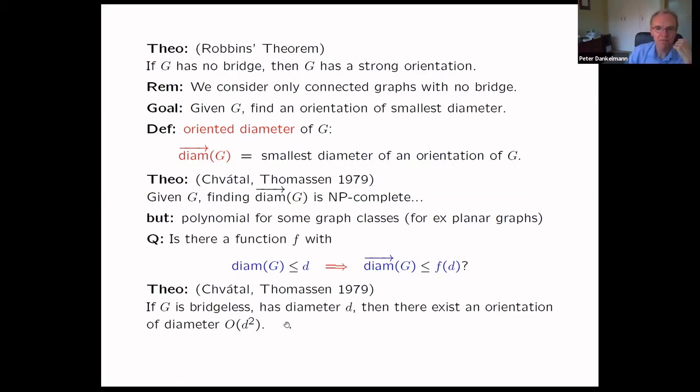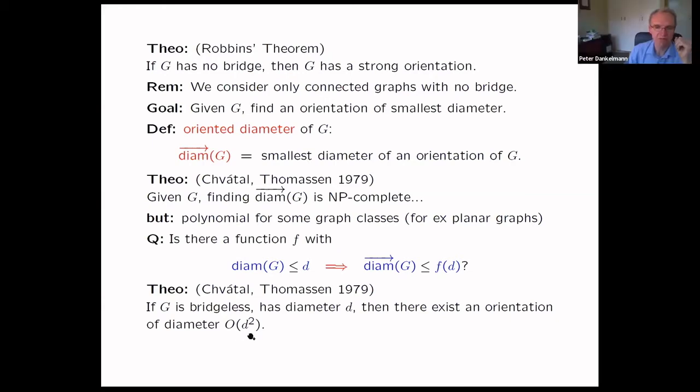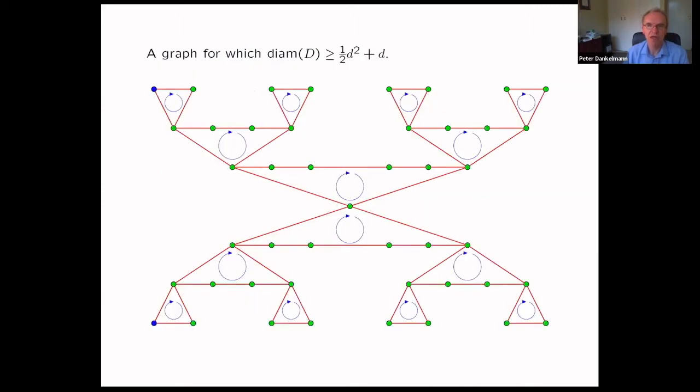And Chvátal and Thomassen proved with a really nice proof that indeed such a function exists, and it's a function of the form O of d squared. So they proved that if we have a bridgeless graph with diameter d, it has an orientation of diameter at most some constant times d squared. To be precise, they proved something like 2 times d squared.